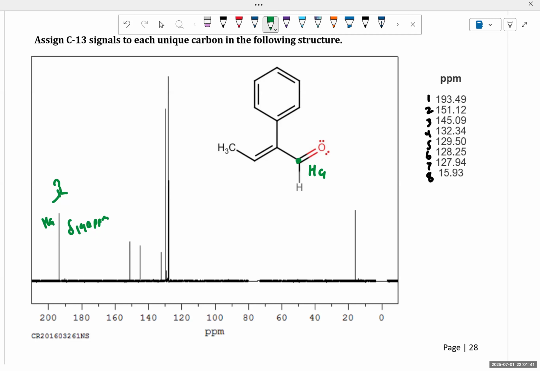Next, we're going to look at these aryl group carbons. This molecule contains a plane of symmetry, and as such, we only have 1, 2, 3, 4 unique carbons.